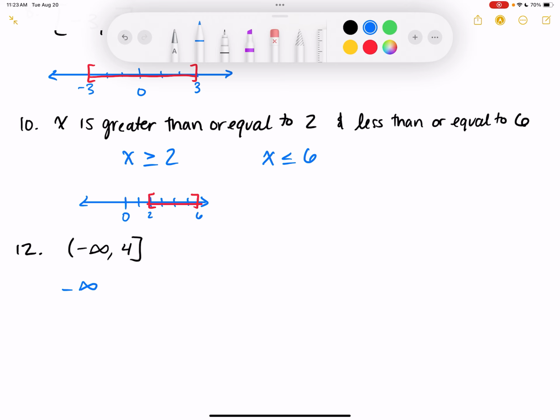Which way? Less than or greater than? It's smaller. So negative infinity is less than x, and then x is less than or equal to 4.